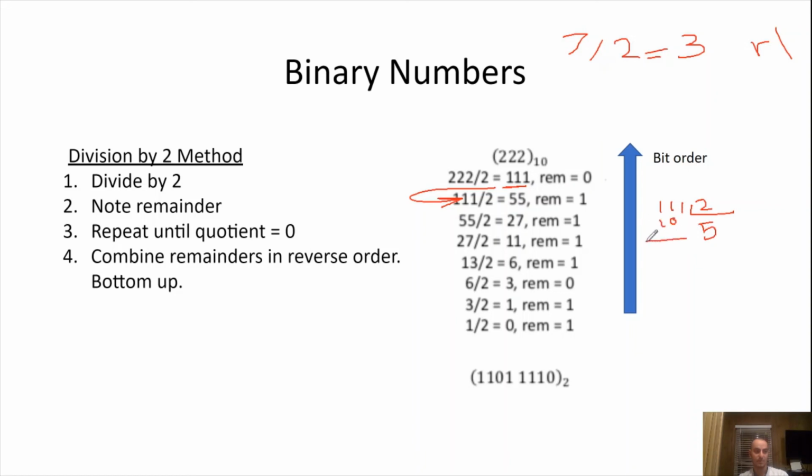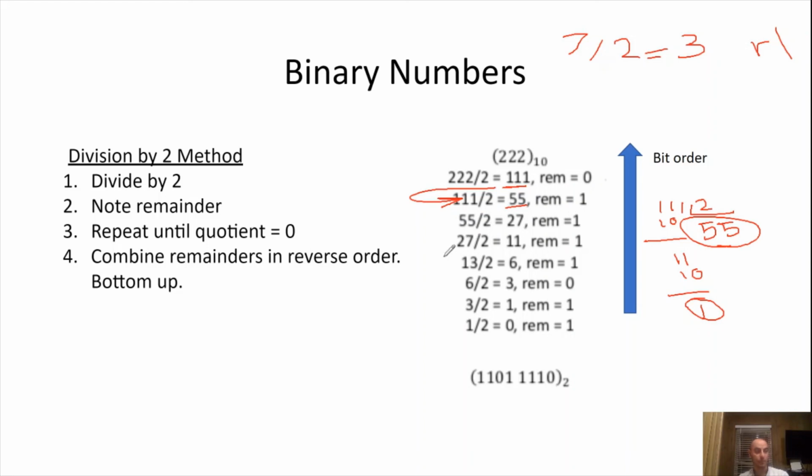And you can do it in a different way if that's how you learned. 11 minus 10 is 1. We drop the 1, and then another 5, that is 2 times 5, 10, and you get 1 as a remainder. So that's your quotient here, and this is your remainder. So 55 and 1. And then we again take this 55 to the next level, and then you continue that.